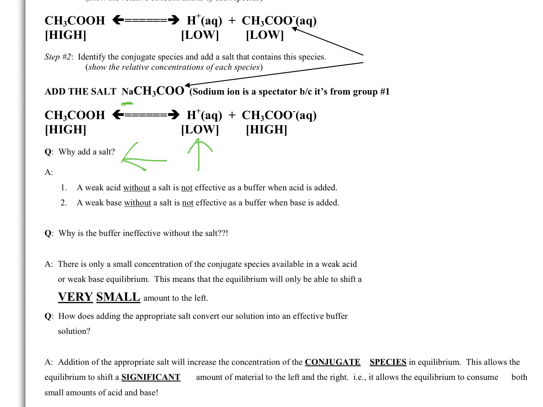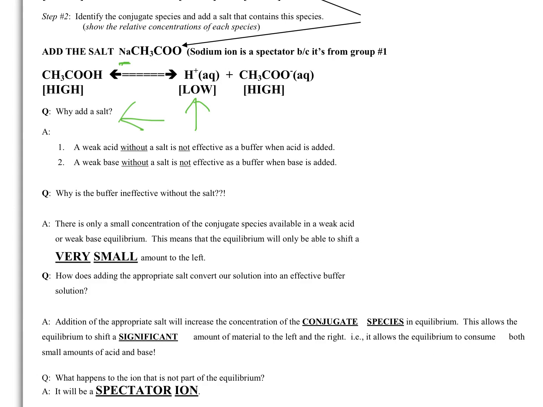In other words, it allows Le Chatelier's principle to apply without significantly changing our concentration of hydrogen or hydronium, which are the only two things that would affect the pH. So by having a high concentration here and a high concentration here, we can shift left and right without really affecting this middle amount. Therefore, my pH doesn't change.